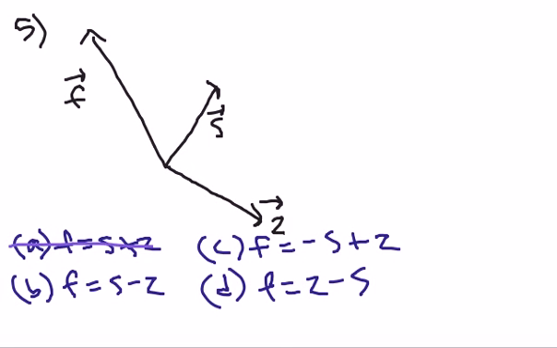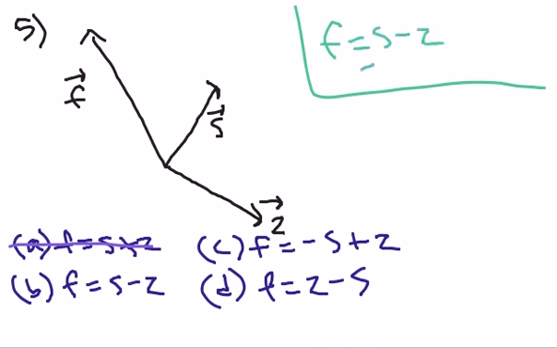If F is equal to S minus Z, I'll make a note of this, that's the same thing as S plus the negative version of Z. So if I have S, and then using the head to tail method, I take the negative version of Z and put it up here, that exactly gets me to F, which is what I want.